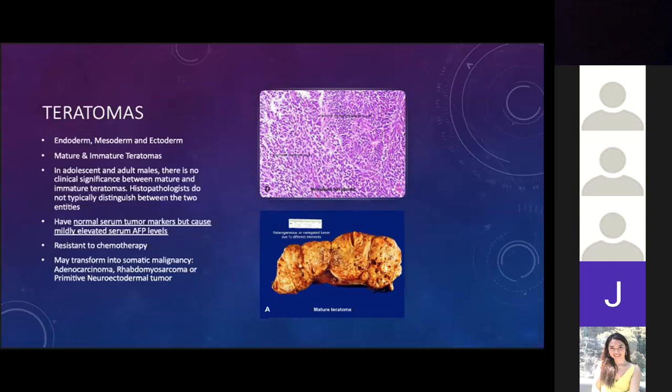Histopathologists do not typically distinguish between the two entities. Usually they have normal serum tumor markers, but can cause elevated serum AFP levels. They are usually resistant to chemotherapy, and they may transform into somatic malignancy like adenocarcinoma, rhabdomyosarcoma, or primitive neuroectodermal tumor.